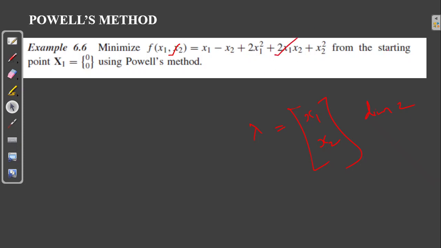The starting point should be given for any unconstrained problem. So the examiner has given the starting point x1 as 0, 0, or if the examiner has not given it, you should take x1 equal to 0, 0. Using Powell's method, you have to solve this.